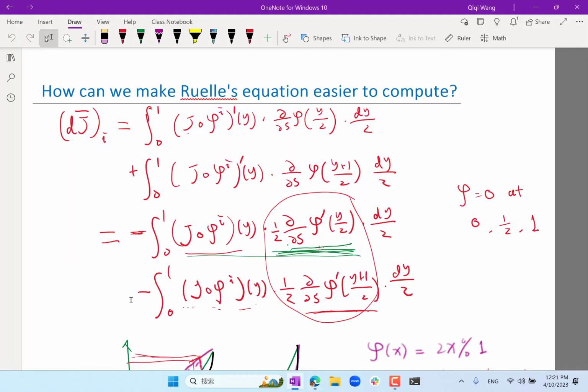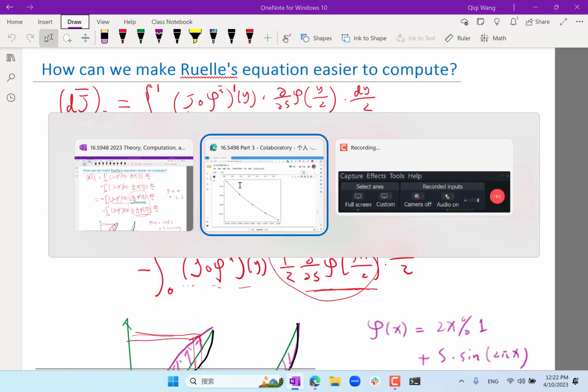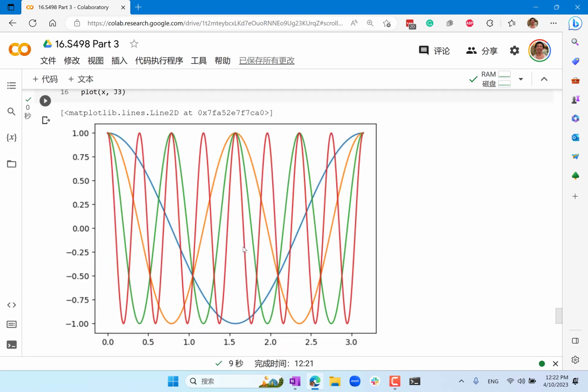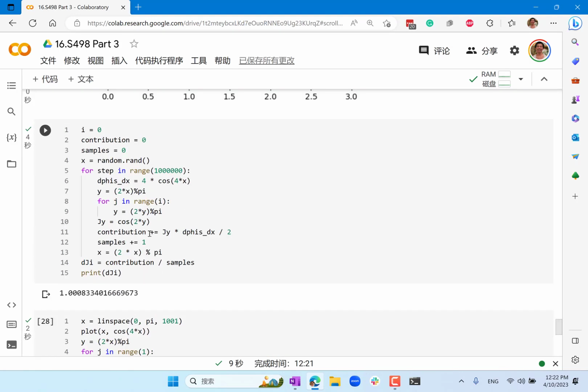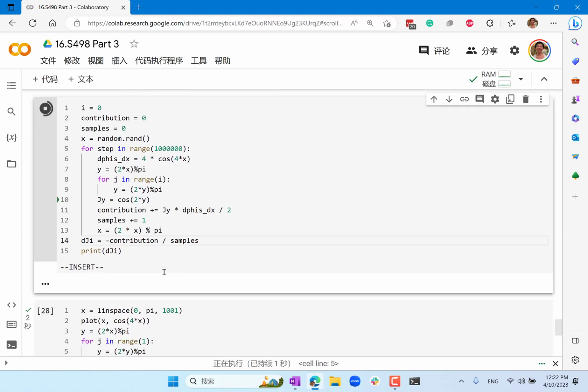And don't forget the minus sign over here, right? What we have computed in the formula here is contribution plus equal to just the product between these two terms. And if we take an additional minus sign, actually we should put a minus sign here, right? We should get a derivative that's about -1.